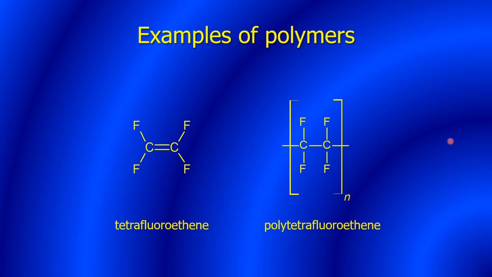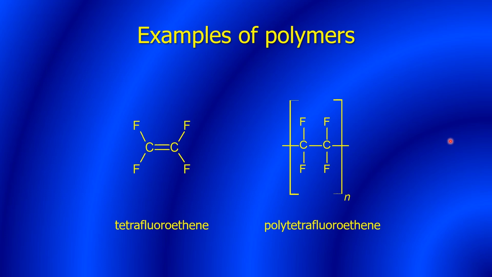Polytetrafluoroethene is commonly abbreviated to PTFE, and PTFE is sometimes sold as Teflon, which is a non-stick coating which you can have on frying pans and things like that. It's also the polymer in the Gore-Tex waterproof breathable membrane that you have in lots of outdoor clothing.